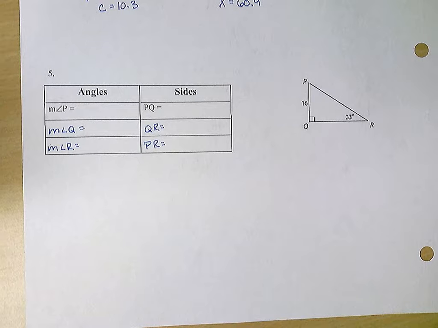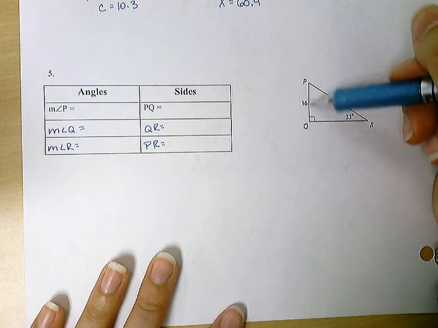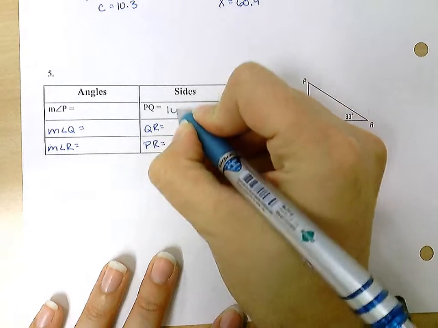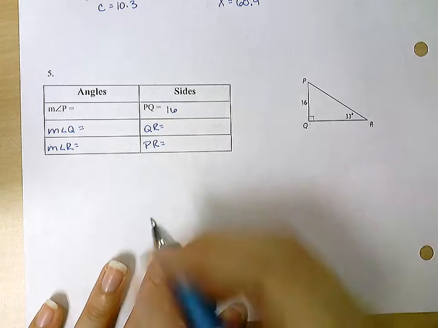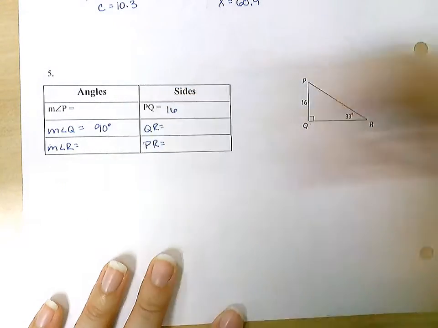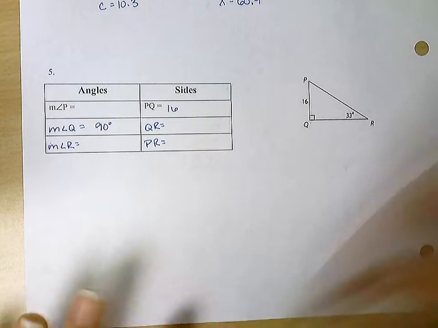So next what I always do is put the lengths I already know into my table. You should never get that wrong on a quiz or test. So PQ is 16. Angle Q is 90. And angle R is 33.